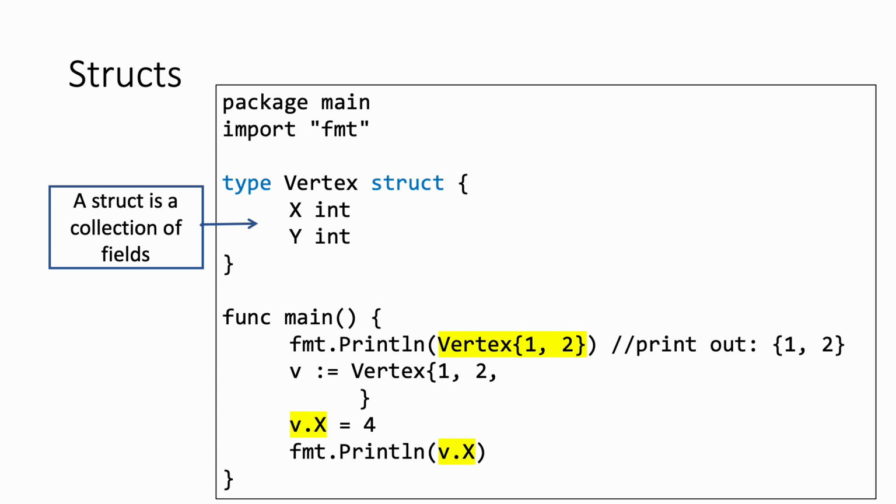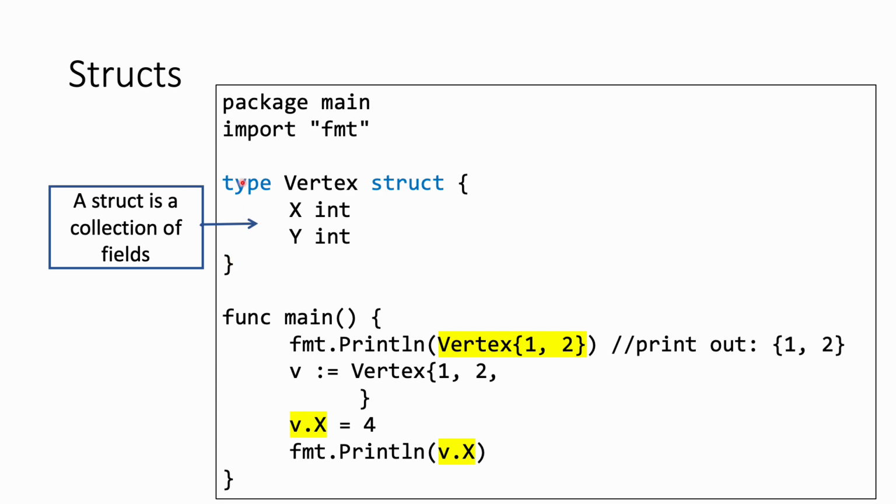Now we switch to discussing the first composite data type, which is struct. A struct is a collection of fields. To define a struct in Go, we write the keyword type, then the struct name, then the keyword struct, and then a list of field definitions inside a pair of braces.